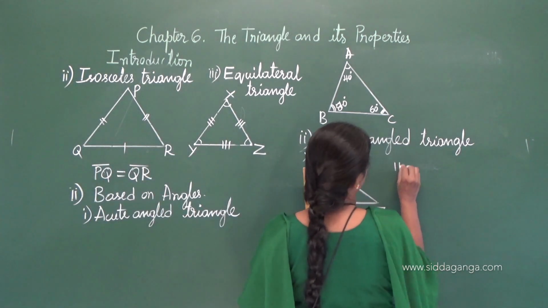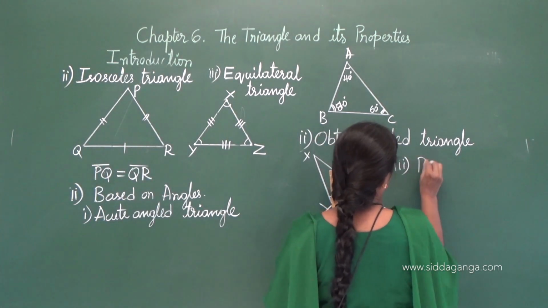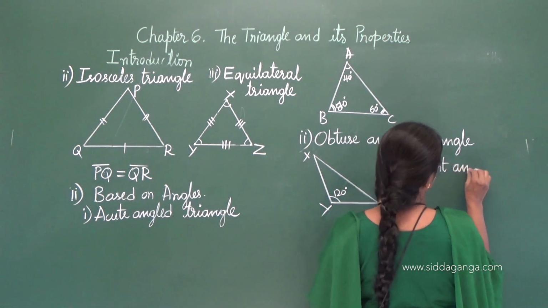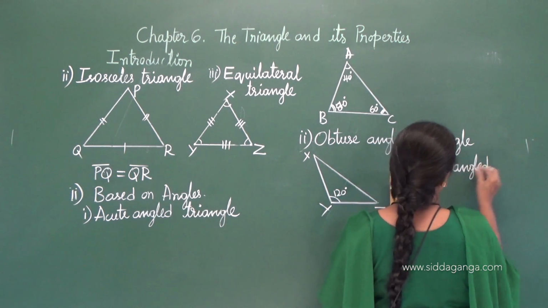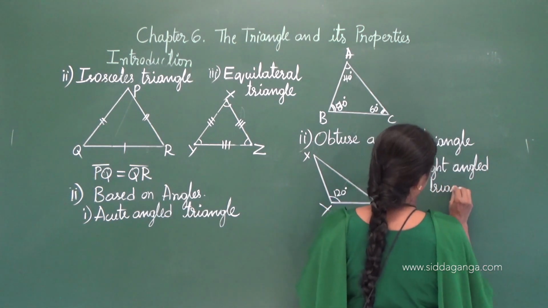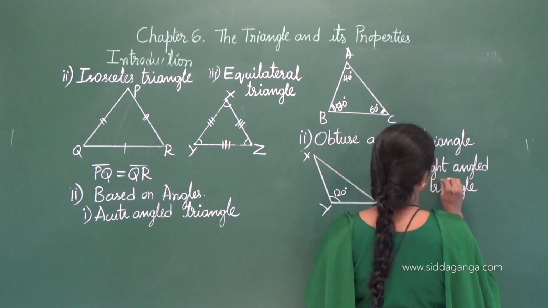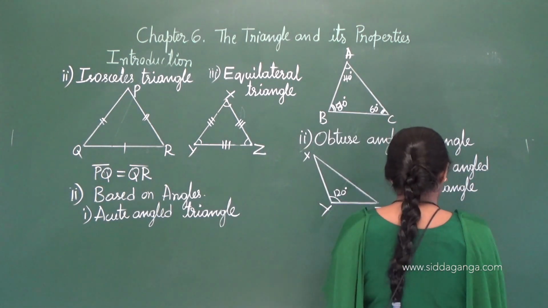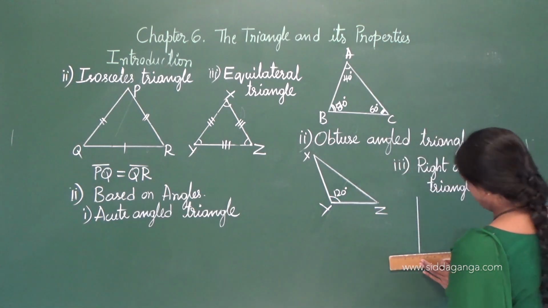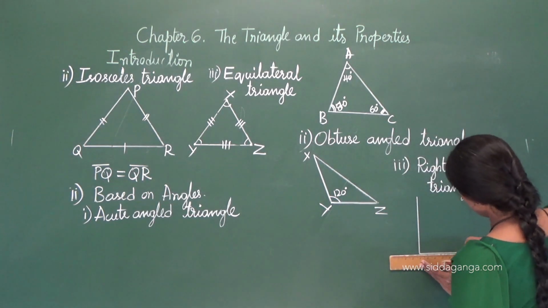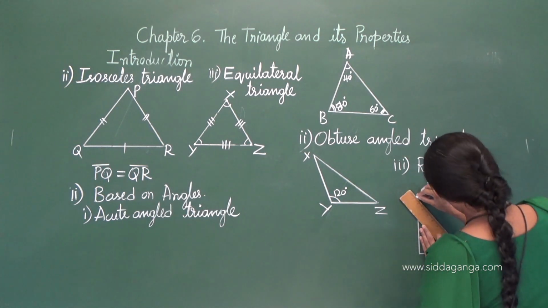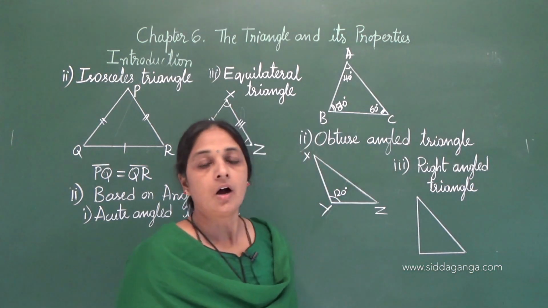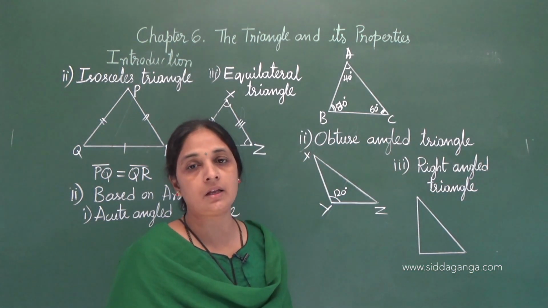And the third one is the right angled triangle. How can you write right angle triangle? Any one of the three angles must be equal to 90 degrees. Then can you guess how many right angles there are in a triangle?